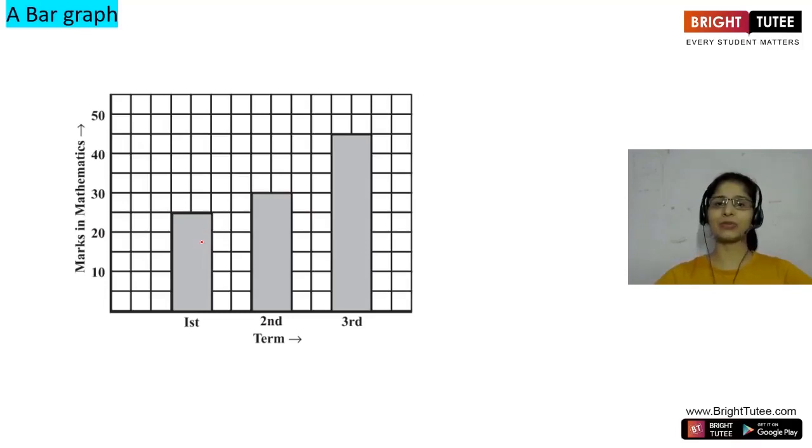So let us recapitulate as we have done all of this in our chapter data handling. So what is a bar graph? As seen from this diagram, there is a graph given. Here it is first, second and third term. The horizontal line shows us the three terms, and on the vertical line, what is shown?